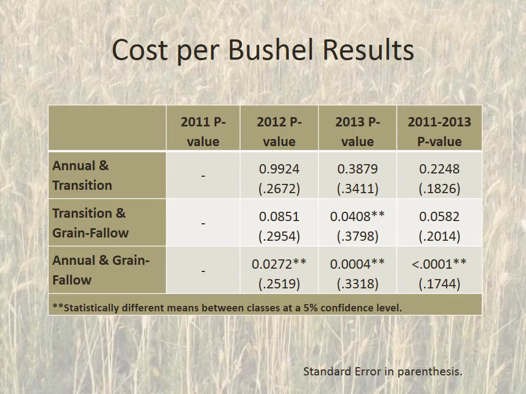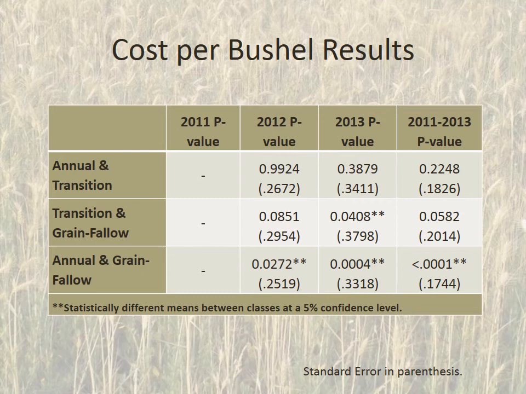And as an economist, what I want to see is that these classes for cost per bushel aren't different. And that's because all of the growers in this region sell to the same market. It's not like the dryland people get a higher dollar per bushel than the annual class.